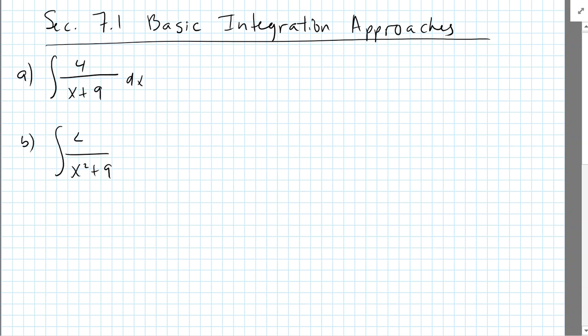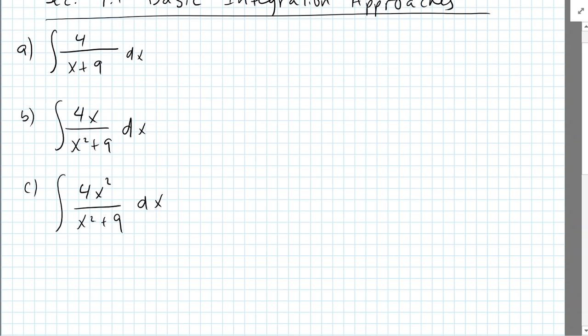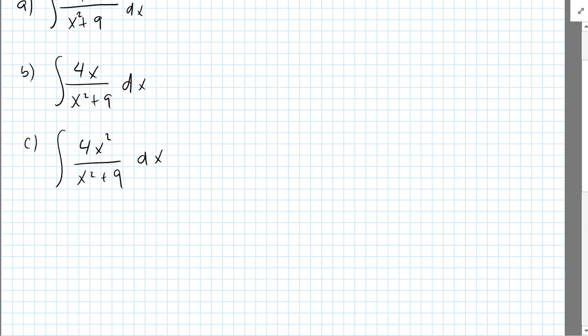And then C is the integral of 4x squared over x squared plus 9 dx. Notice they all have the same, oops, I messed up. The first one was supposed to be x squared plus 9. They're all supposed to have the same denominator. And then the last one, part D, is a combination. It's actually 2 of them put together. So I have 4x plus 4 over x squared plus 9.